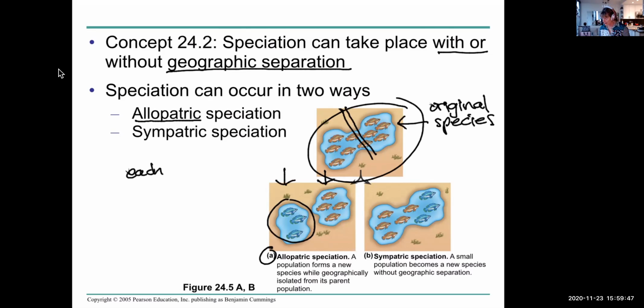So each separated population has a different gene pool. And that gene pool is the substrate on which evolution will occur.